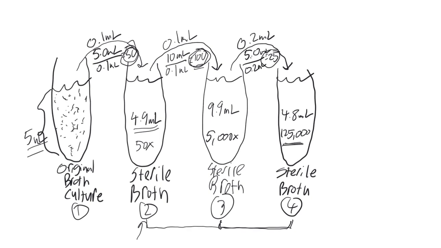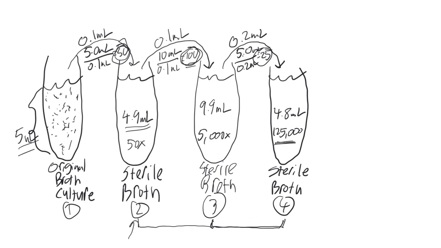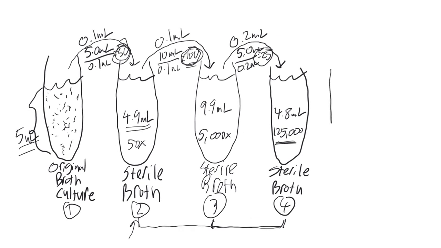Now what I'm going to do is bring in another sterile broth. Let's say this sterile broth has a volume of 9.8 milliliters. This is my fifth tube.